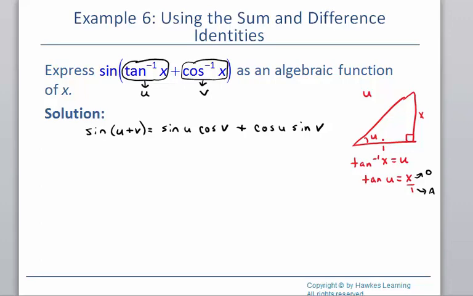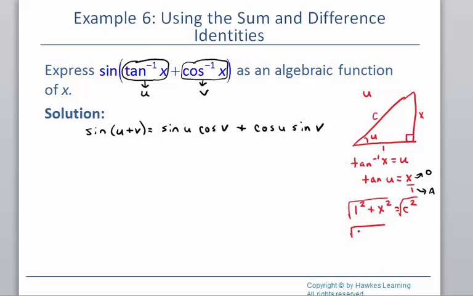Now that allows me to determine the hypotenuse of the triangle. So I'm going to use Pythagorean. I'm going to say my first leg, which is 1 squared, plus the second leg, which is x squared, is equal to, and for now let's call the hypotenuse c. And I want an expression for c, so I'm going to take the square root of both sides of the expression that I have.